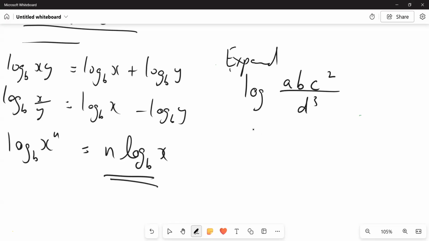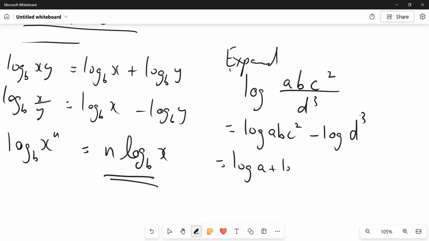So you can write this as, okay, it's equal to the logarithm of ABC squared minus the logarithm of D cubed. Now this here can be expanded further. That would be equivalent to the logarithm of A plus the logarithm of B plus the logarithm of C squared minus the logarithm of D cubed.